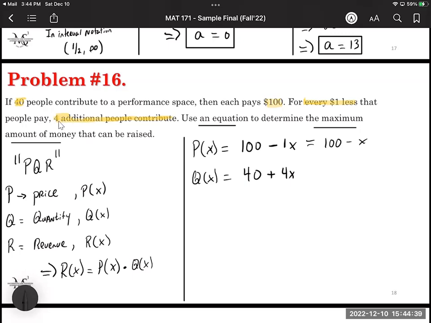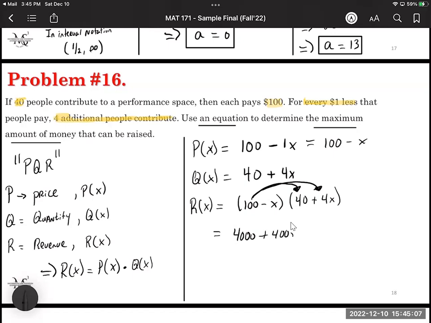All right, so now that I have my price and quantity function, you construct the revenue function. So the revenue is (100 minus x) times (40 plus 4x). Now, you expand this through foiling, right? You take 100 times 40, that will give you 4,000. 100 times 4x is 400x. Negative x times 40 is minus 40x.